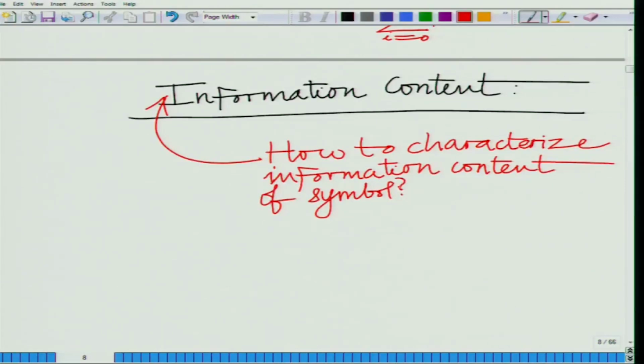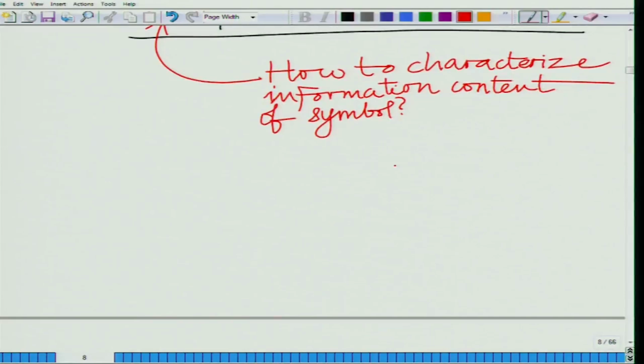For that we are going to define the information of symbol Si, I(Si).